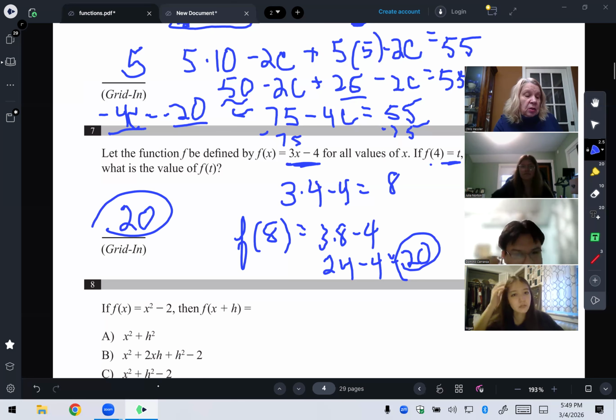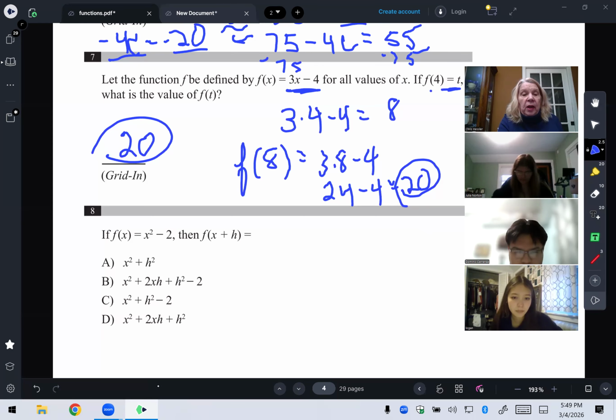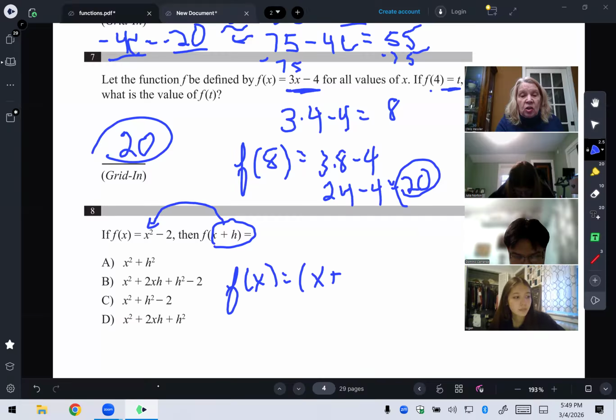Okay, this one's a little trickier because we're putting x plus h in for the x squared. So this will be f of x equals x plus h times x plus h minus 2.